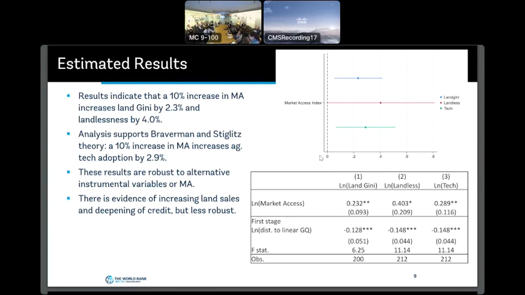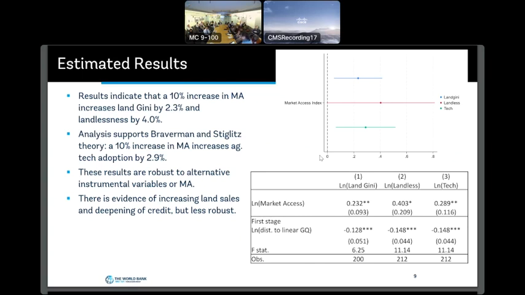I'm not going to go through all the robustness checks, but these results have been robust to various alternative instrumental variables, estimators, or market access measures.